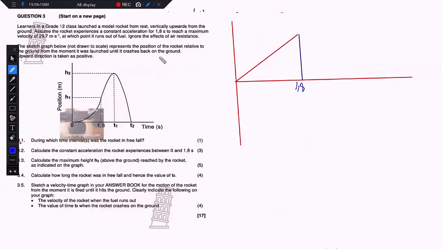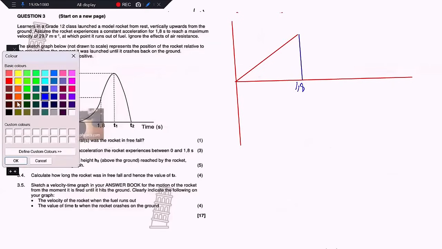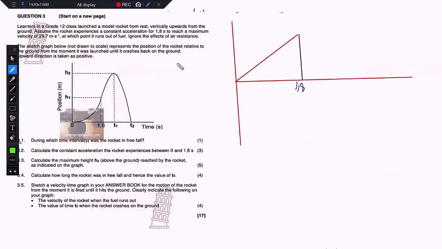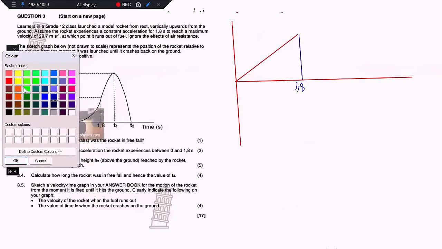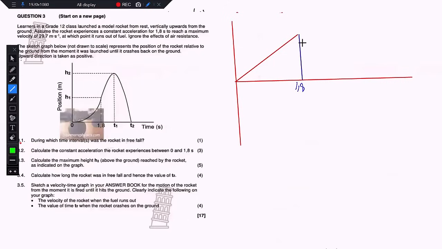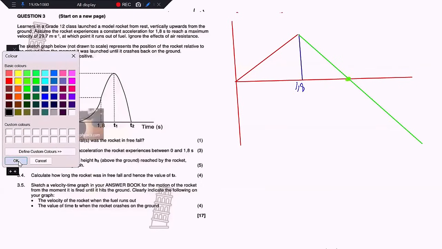But then after that time, it was now in free fall, right? So we can indicate the free fall from that point going all the way to the maximum height, and then from the maximum height all the way to the ground. So note that this point here represents the maximum height.